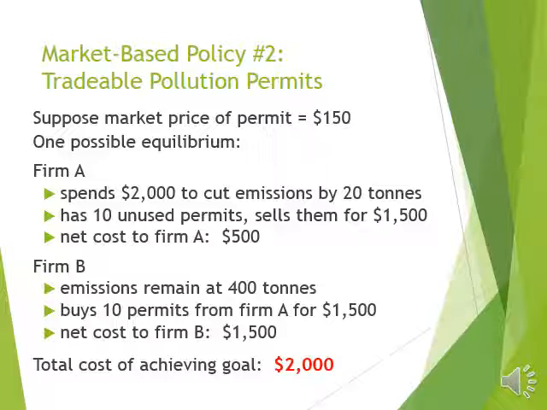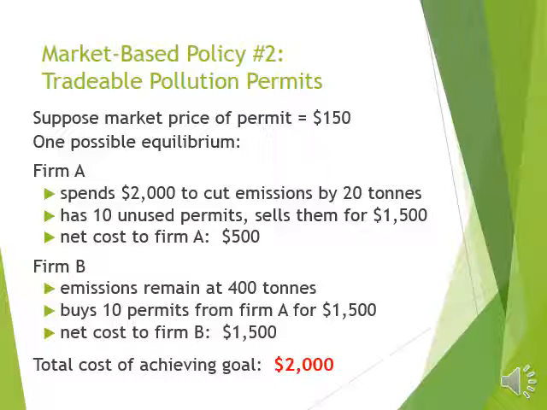So this is a way that has many of the advantages of a regulation-based approach, where you can determine what is the level of pollution that is acceptable in terms of the social optimum, and then you let the firms fight it out to determine who cuts what. And if you're cutting more pollution, there's a financial incentive for you, because you can now sell unused permits.